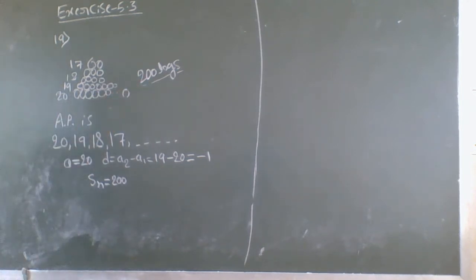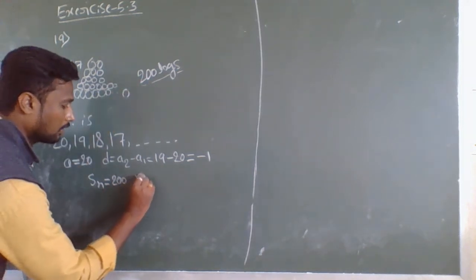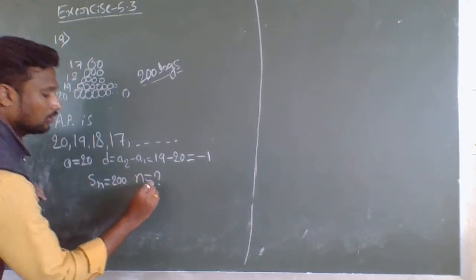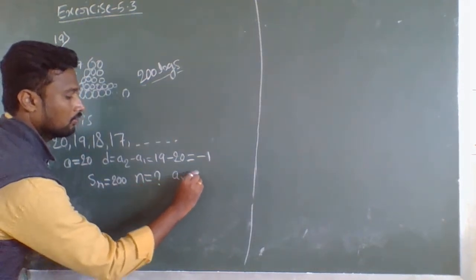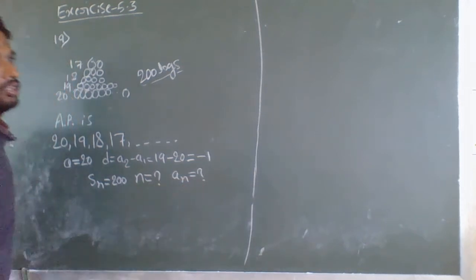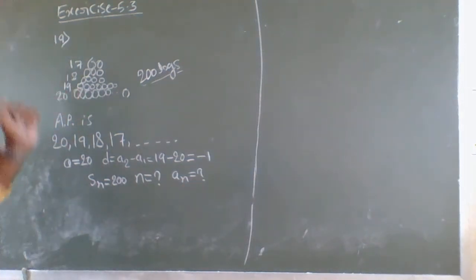So we should calculate this n value. And again they are asking, in the top row how many blocks will there be? Therefore we should calculate the an value also. an means logs in the top row.